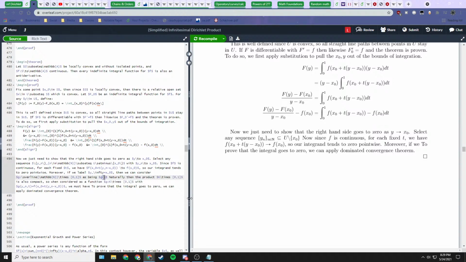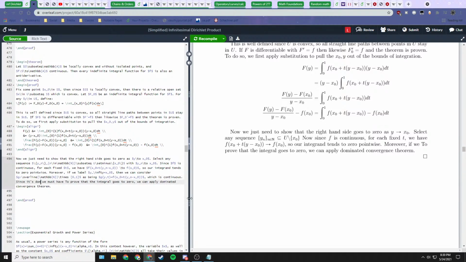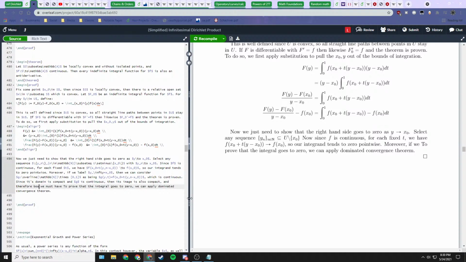So we have g of y comma t equaling this thing, which is continuous. Since its domain is compact and g is continuous, its image is also compact and therefore bounded.